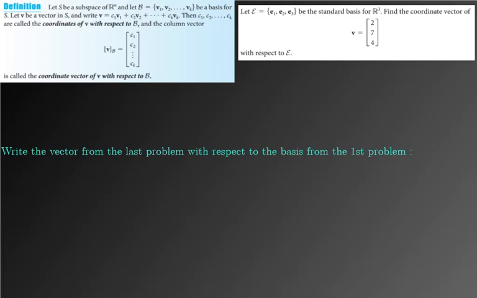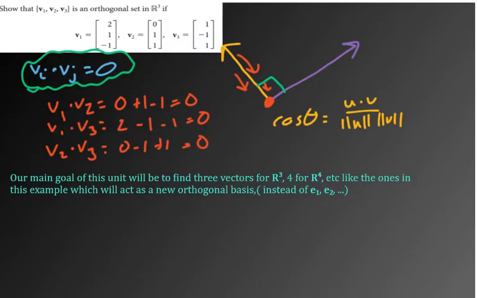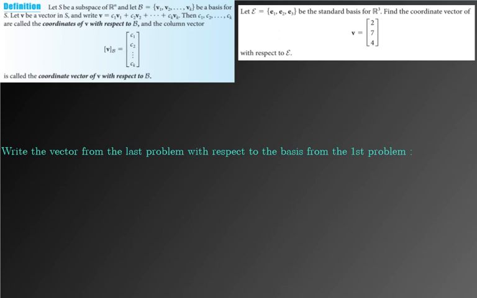In this whole unit, we're basically going to recreate a basis for a space we already have, like finding v1, v2, v3 for R3, and that changes the coordinates of certain vectors.